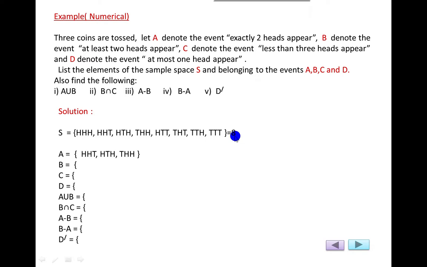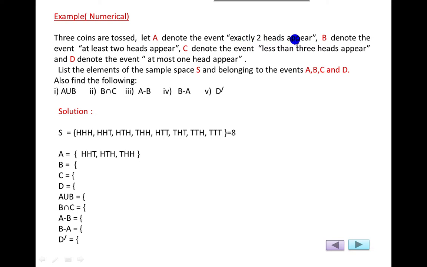Okay. According to the condition, an event is a part or subset of the sample space. So according to the condition, exactly 2 heads appear. Exactly 2 heads means these 3. In this 2 heads, in this 2, in this 2. In these, 1 head, 0 head here, 3 heads here. So there are 3 members of the set with this condition.